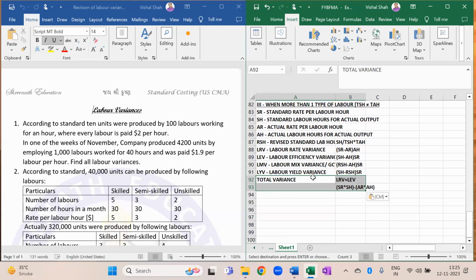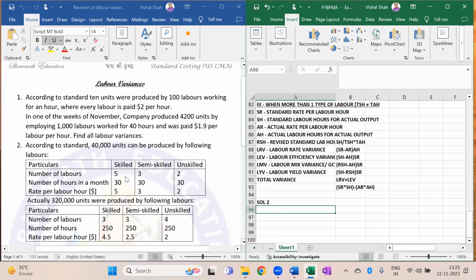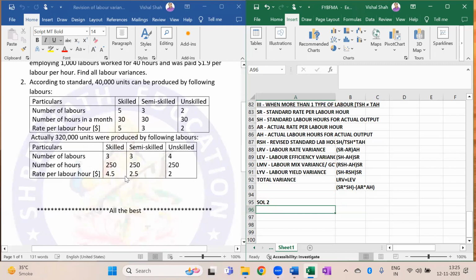And for this, we are taking one more problem. Sum number 2. According to standard, 40,000 units can be produced by the following labors. The number of labors we require is 5 skilled, 3 semi-skilled and 2 unskilled.